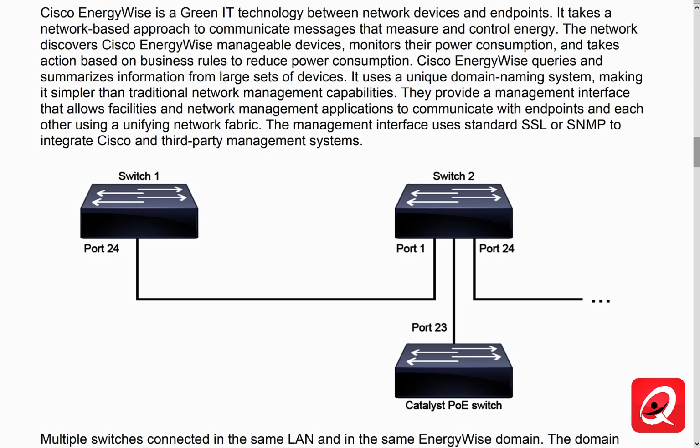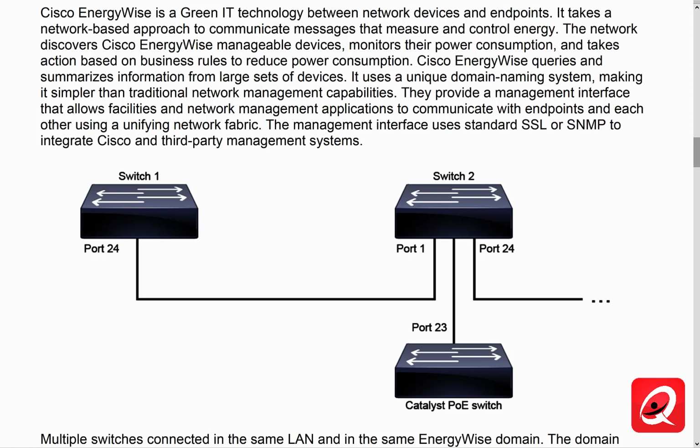So you can have different devices in this EnergyWise domain: switches, other network devices, IP phones, endpoints, and so on. The domain members actually will forward messages to other members and to the endpoints in that domain.